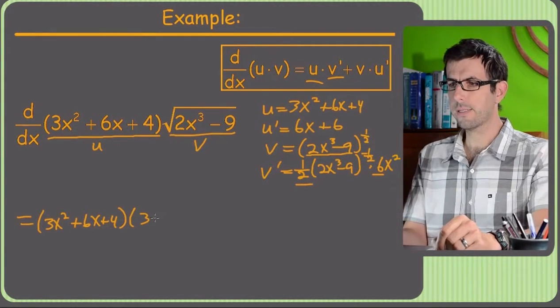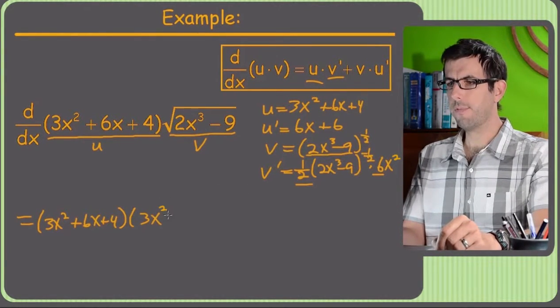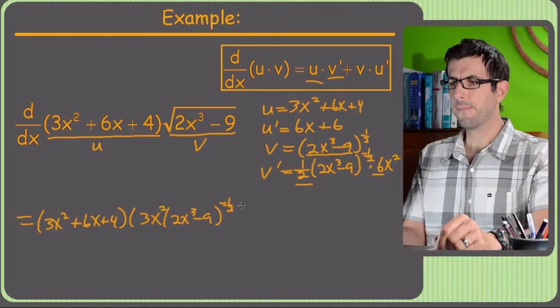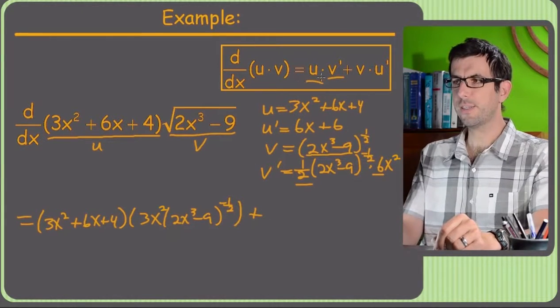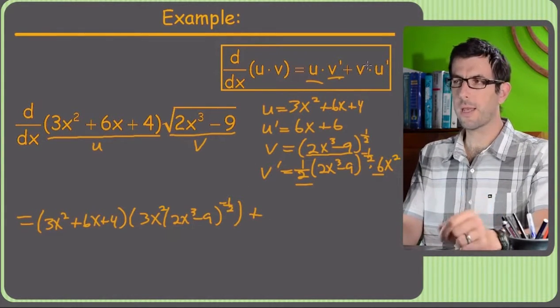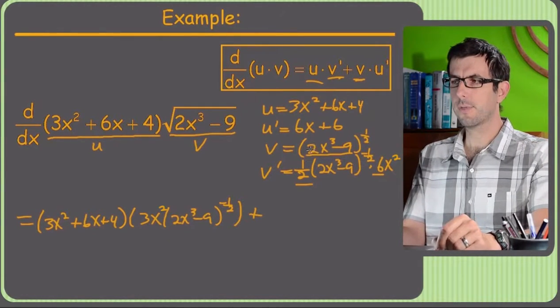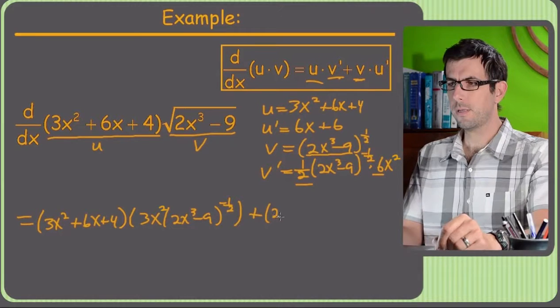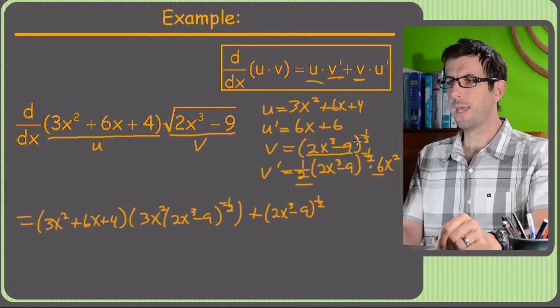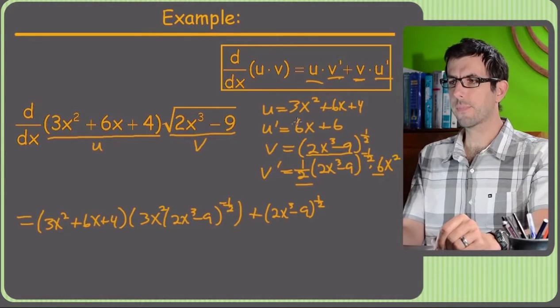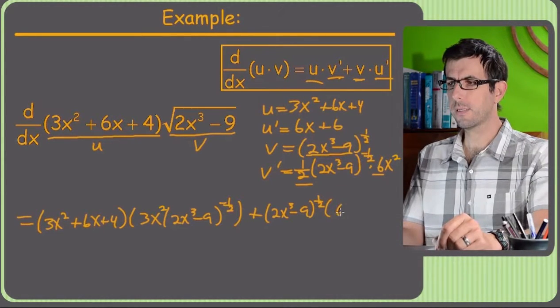And I'll put the x, and then we'll have the 2x cubed minus 9 to the negative 1/2 power. All right, so that's just these first two terms. You can see how ugly that would have gotten if we weren't working it separately. All right, so then we need our v, which is 2x cubed minus 9 to the 1/2 power, and finally u prime, which is 6x plus 6.